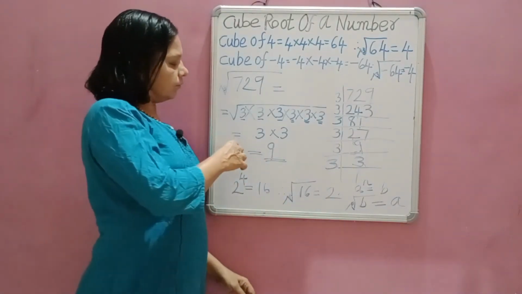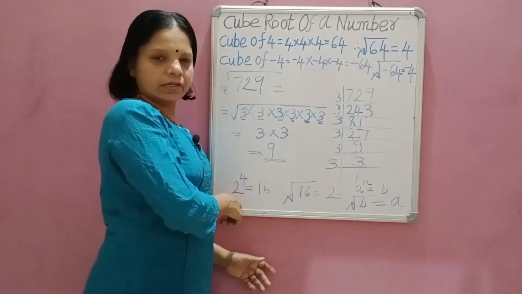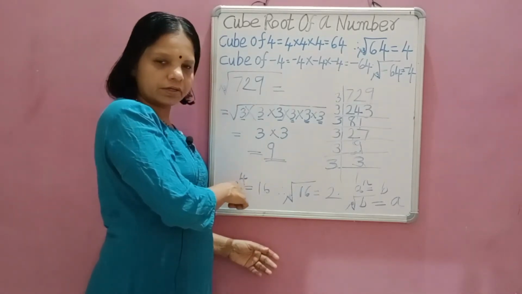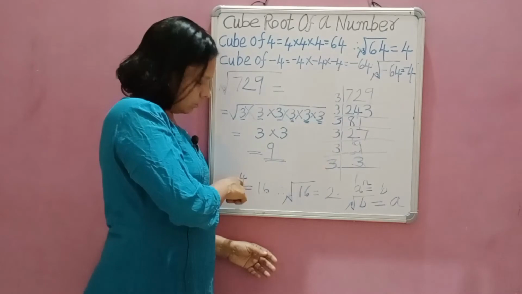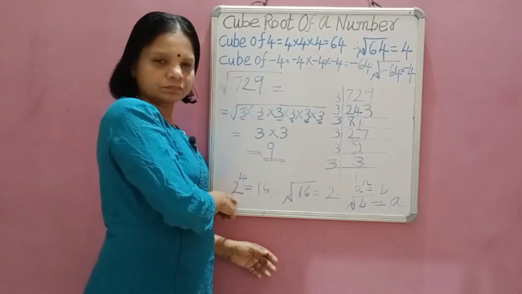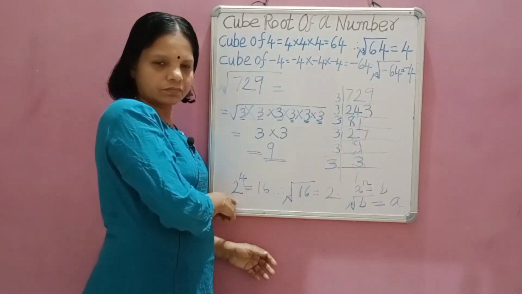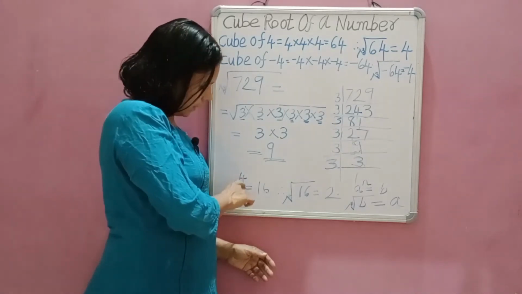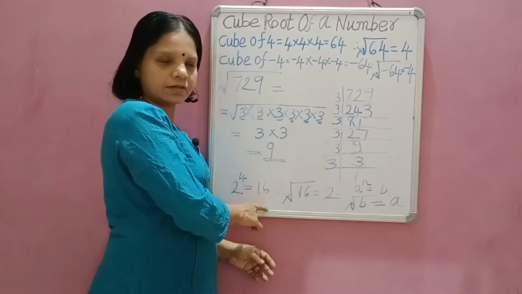Similarly, for indices with index 4, for example, the 4th power of 2, 2 raised to 4 is 16.